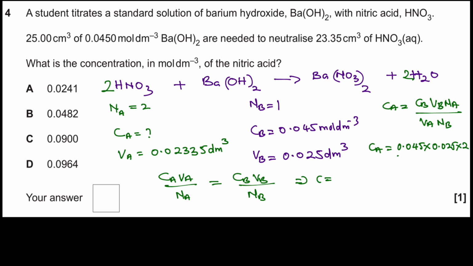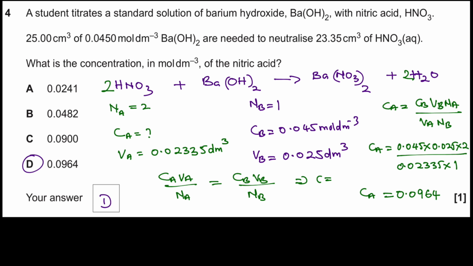Na is 2, divided by the Va, so Va is 0.02335 times Nb, which is 1. Therefore, Ca will be equal to 0.0964. And that's what we're looking for here. That's D.